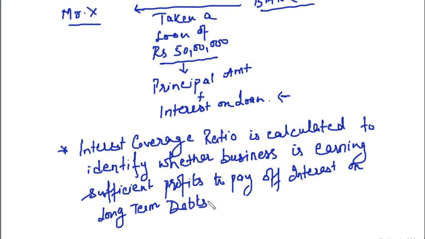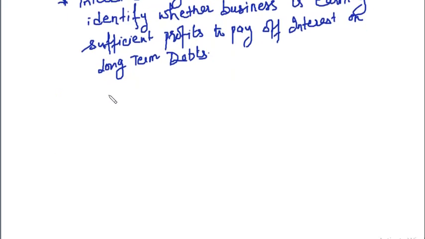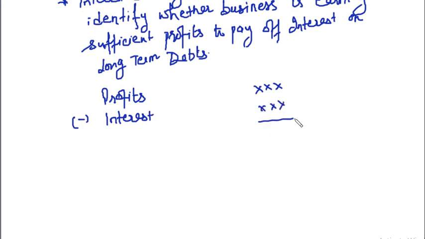Clear? And for this purpose, what we are going to do is, see, when you calculate your profits, see, this is profits, right? Out of these profits, first of all, you will pay interest, right?